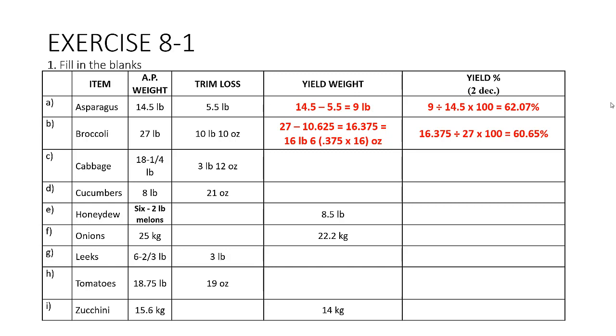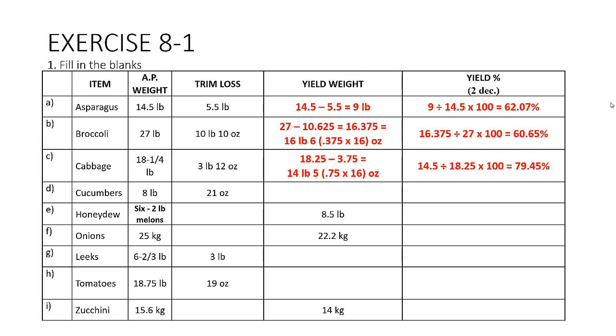The trim loss is 3 pounds and 12 ounces. 12/16, when you divide that, you get 0.75, so 3.75. So here's a quick formula using the decimal equivalents. 18.25 pounds, our AP weight, minus 3.75 pounds, our trim loss, leaves us with 14 pounds and 5 ounces. We can go from there and get to the yield percent.